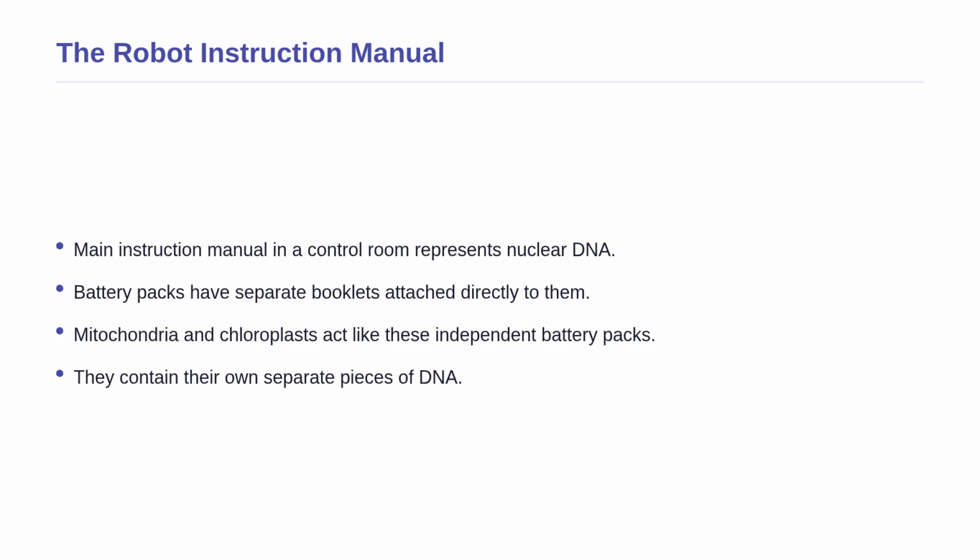However, imagine that the battery packs and solar panels came with their own tiny separate instruction booklets taped directly to them. In biology, this is exactly what happens with energy-producing organelles like mitochondria and chloroplasts. They have their own separate DNA, completely independent of the main nuclear DNA.